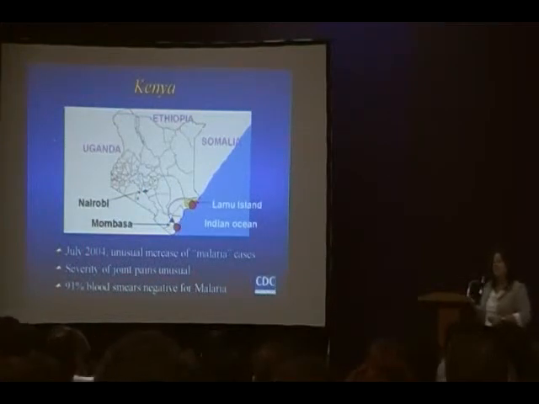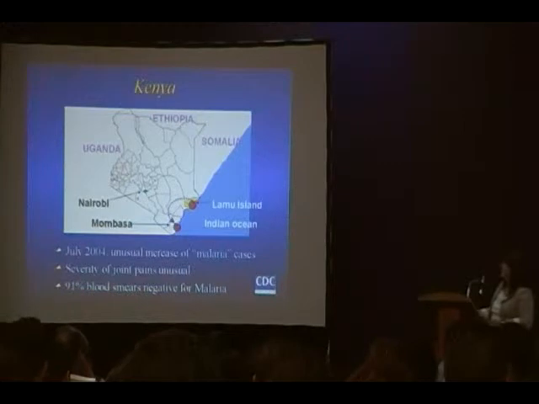But the clinicians recognized it looked different because the joint pain was atypically severe. So there was much more intense pain, and this wasn't common with a malaria case. When they looked at blood smears, 91% of the blood smears were malaria negative. So this was a good indication that there was something other than malaria.